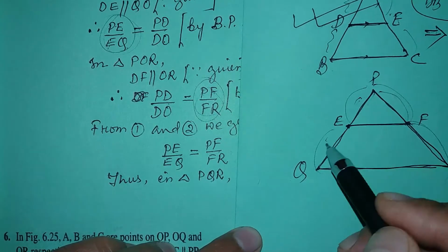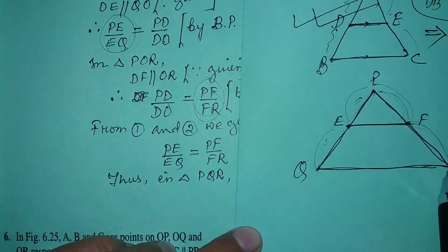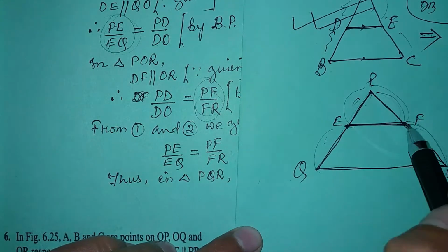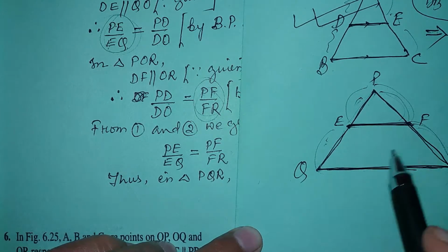So since the ratio of PE and EQ is equal to the ratio of PF by FR, then these two lines are parallel. That is the converse of the basic proportionality theorem.